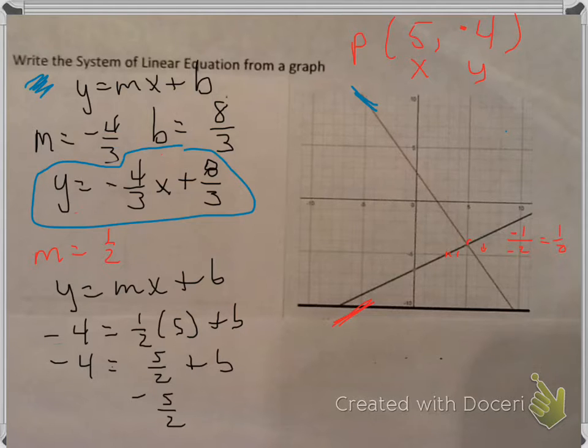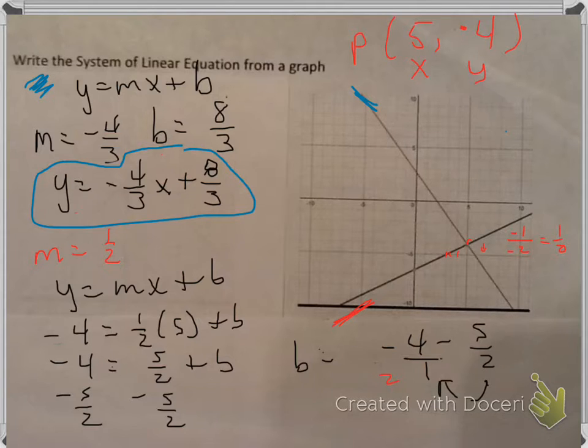Subtract 5/2 from both sides. So it looks like b is going to equal -4 minus 5/2, and we're going to put a 1 underneath this. And again, what do I multiply to 1 to make it a 2?